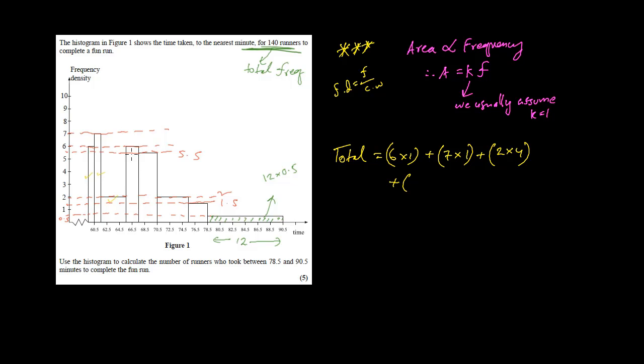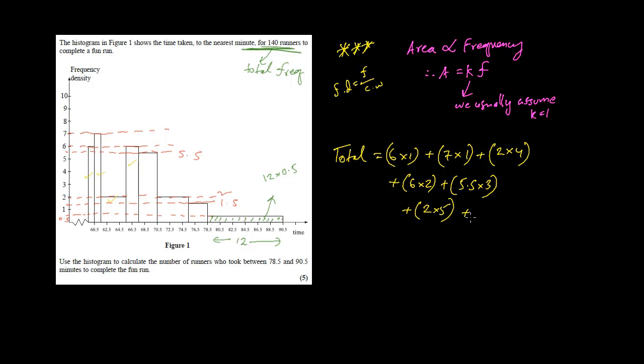This one is 2 units and the frequency density is 6, so 6 times 2, plus this one done. This is 5.5 and 2 and 1, 3 units, so 5.5 times 3, plus this is 2, 2, 4, 5 units, so 2 times 5.